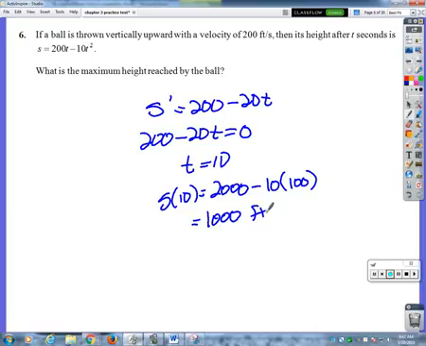Mm-hmm. If it's a baseball, though, 1,000 feet? Yeah, 1,000 feet. No, that's too high. Yeah, that's like a 100-story building. What? No, 1,000 feet. No. MLB players, no, dude, the fences are in feet. Yeah, 100% sure.